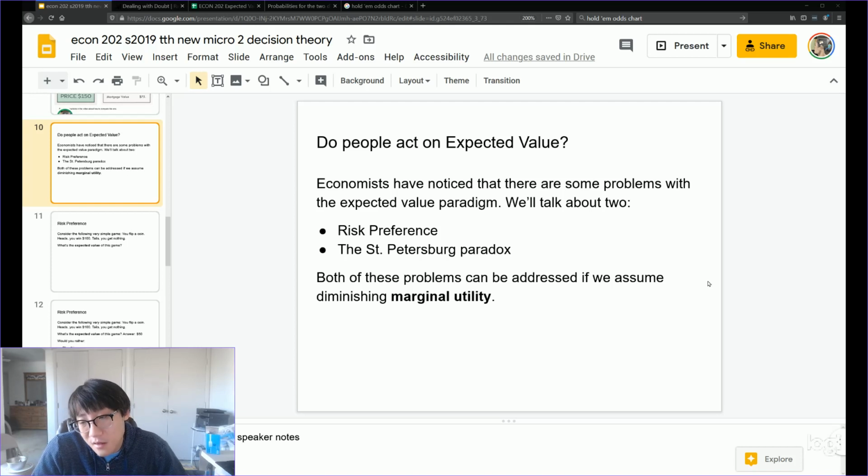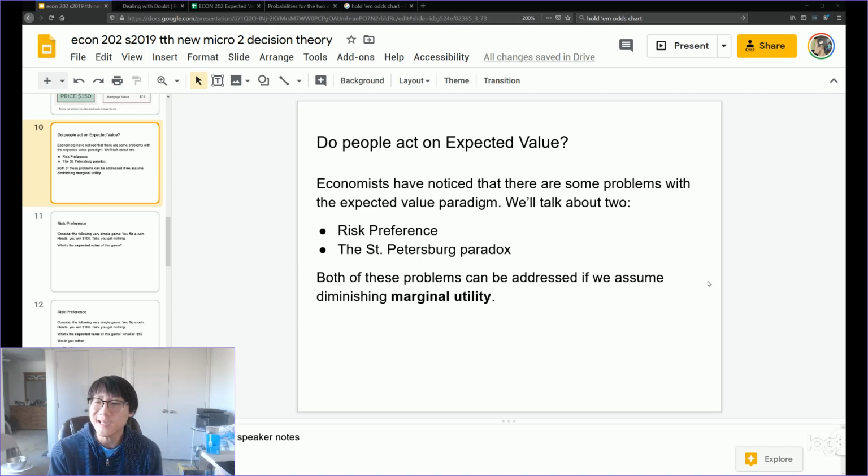But there are some situations which appear to present a problem, or even a paradox, for this strategy of maximizing the expected value. We're going to talk about two of these situations. The first has to do with risk preference, and the second is something called the St. Petersburg paradox.